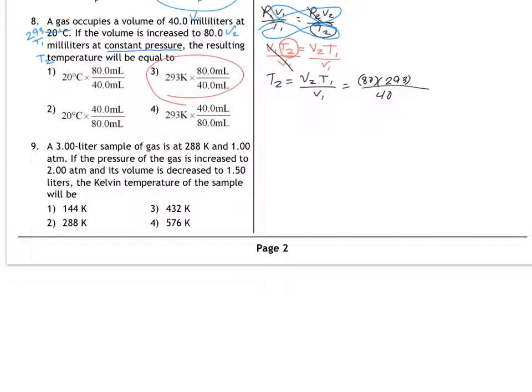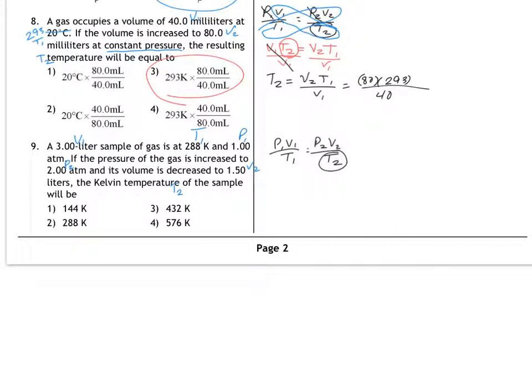Let's do another. A 3-liter sample of gas, so this is our V1, is at 288 Kelvin, T1, and 1 atmosphere, P1. If the pressure of the gas is increased to 2 atmospheres, so it's P2, and its volume is decreased to 1.5 liters. That's my V2. They want to know the second temperature in Kelvin.